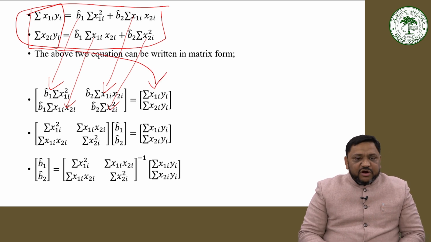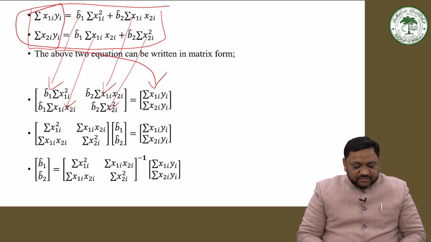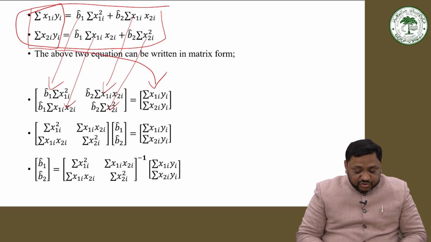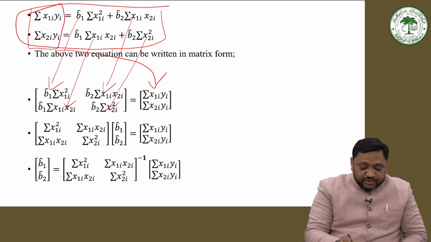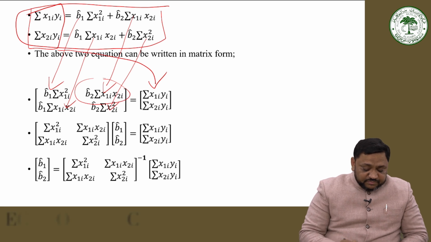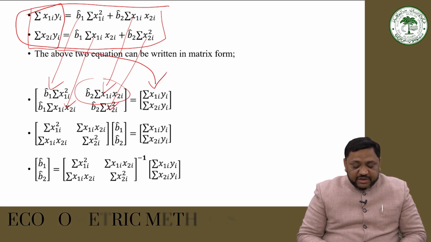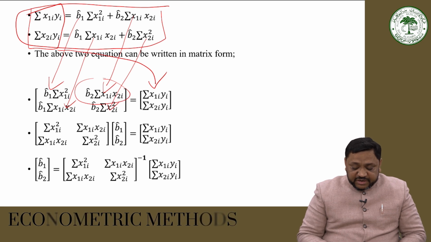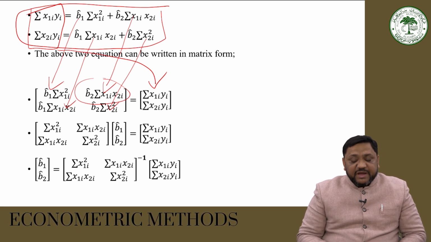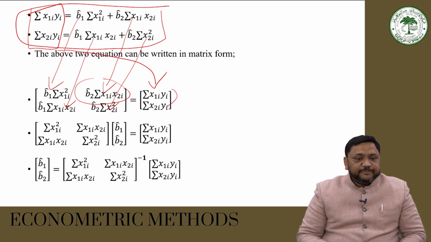So once we have got this, we have made these two matrices, which read: b1 hat summation x1 square, b2 hat summation x1i x2i, then the down terms are b1 hat summation x1i x2i, b2 hat summation x2 square, equal to summation x1i yi and summation x2i yi.